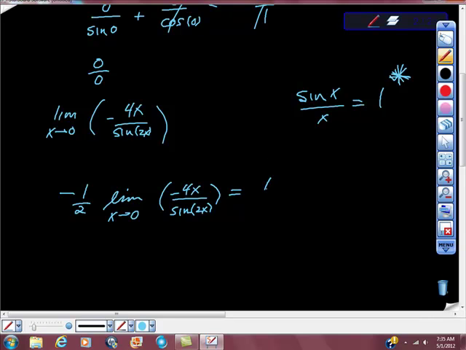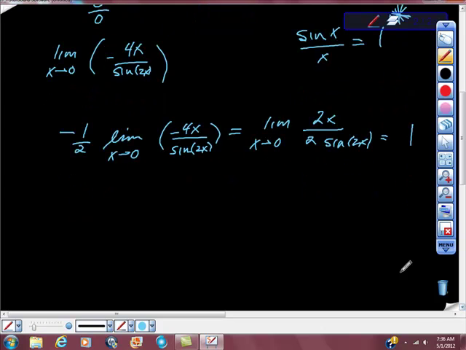Will give us the limit as x approaches 0 of 2x over sine 2x, right? Which is equal to 1, isn't it? Can you see this here?